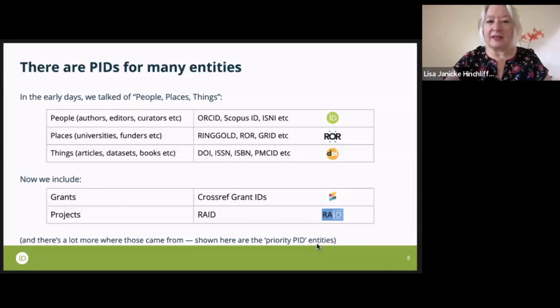And for things like data sets, books, articles, we have DOIs, ISSNs, ISBNs, PMIDs, etc. We also have now an emerging ecosystem for grants, which is Crossref grant IDs, and projects, where it's called RAiD. There's a lot more as well, but these are the most common in the scholarly communications arena.